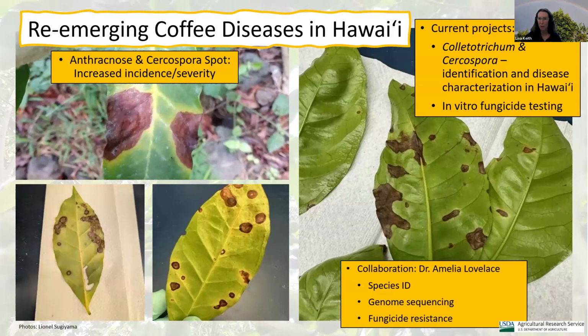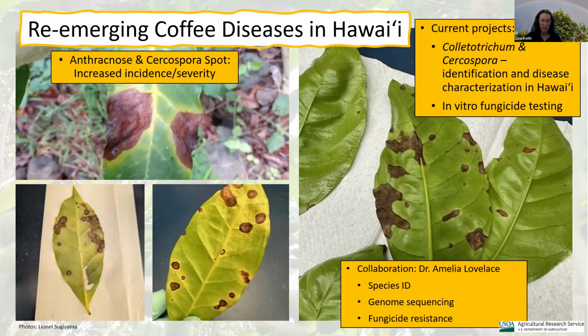But we had been suffering from a number of leaf spotters for quite a number of years, which tend to be, I guess, well handled by growers. And I'd say in the last few years, there seems to be what is considered reemerging: anthracnose, Cercospora spot. There are records. They are here and they had been pretty well managed.